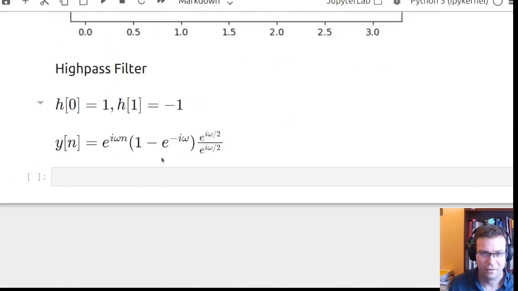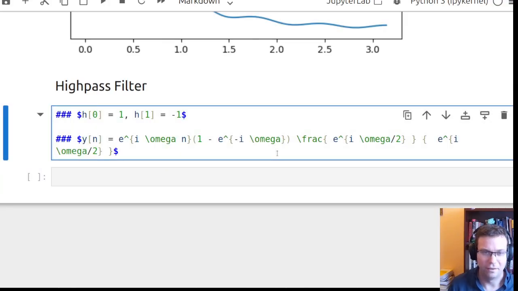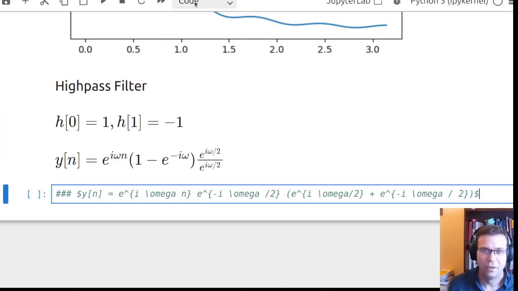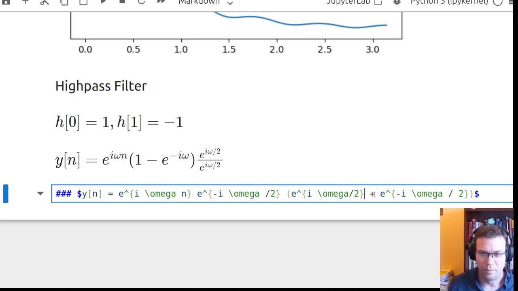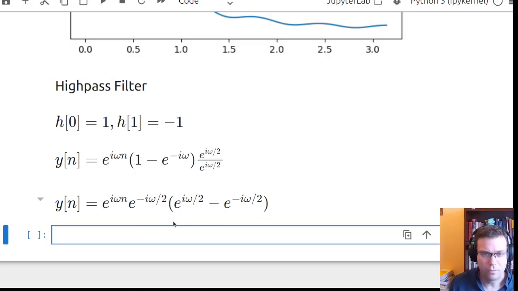So again, I'm going to change that plus to a negative here. Now we're in a similar place to where we were before, except instead of 2 cosine of theta, this is going to be 2 times i sine of theta.